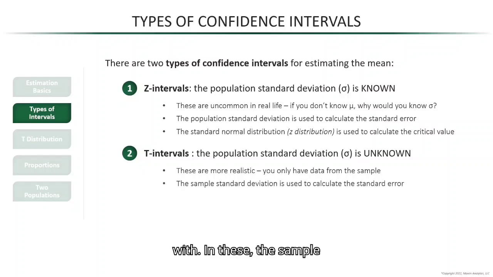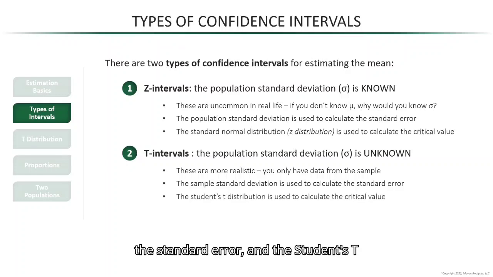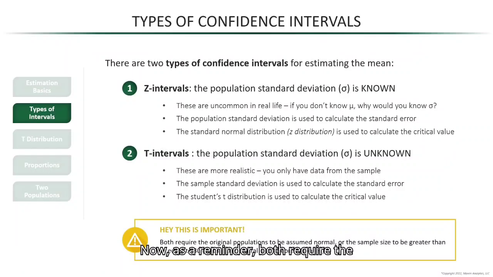In these, the sample standard deviation is used to calculate the standard error, and the student's t-distribution is used to calculate the critical value. So the process is very similar, just with a few minor tweaks in the inputs and the calculations. Now, as a reminder, both require the original populations either to be assumed normal, which isn't always possible, or for the sample size to be greater than or equal to 30, so that the central limit theorem applies.